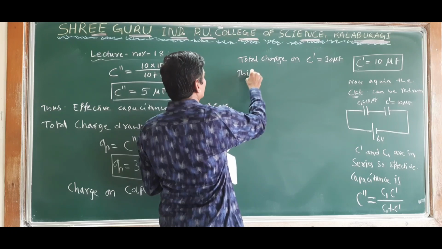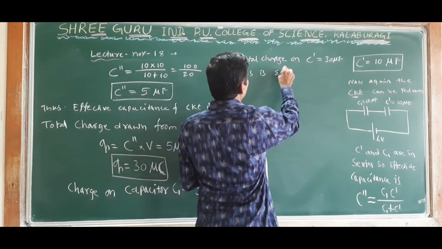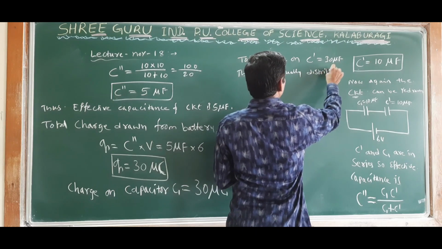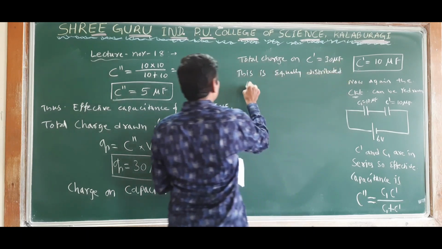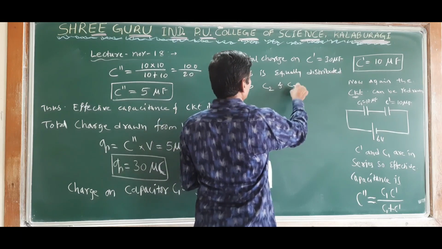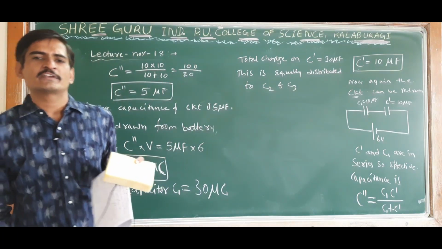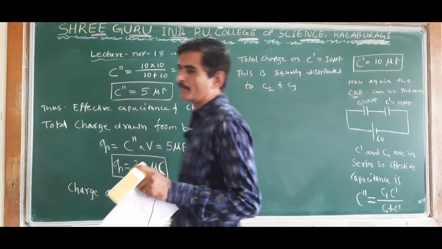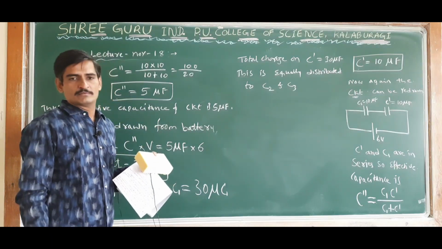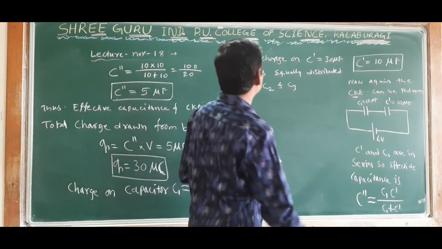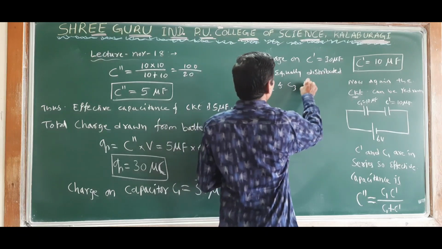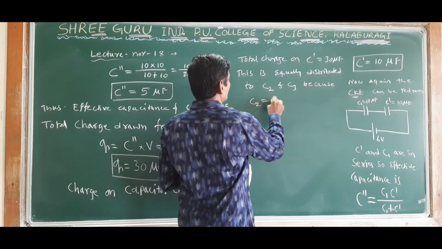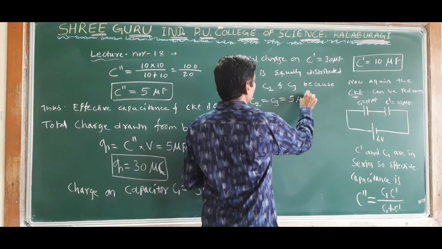And this is equally distributed to C2 and C3. Why equally distributed? Because C2 and C3 both are of equal capacitance. See the C2 value and the C3 value, both are of 5 microfarad, both are the same. So C2 is equal to C3 is equal to 5 microfarad.